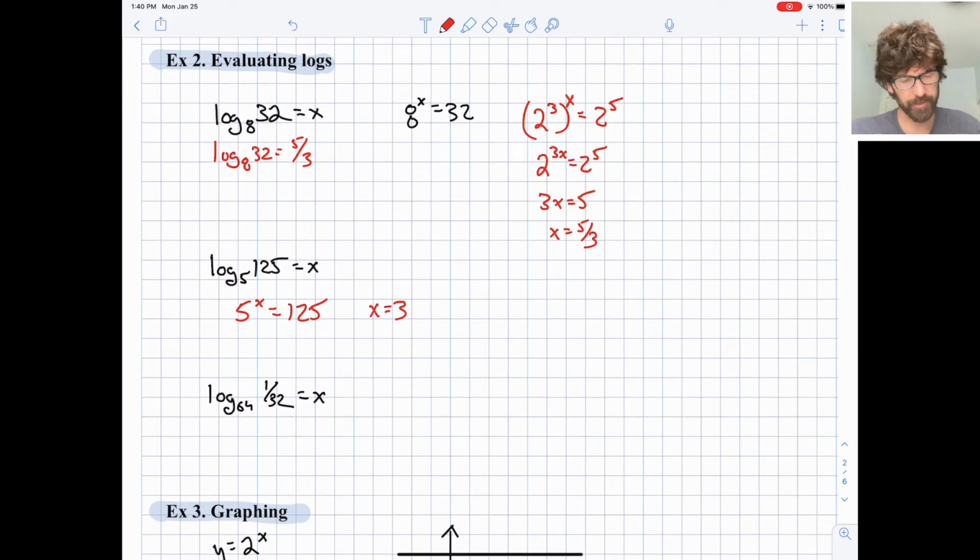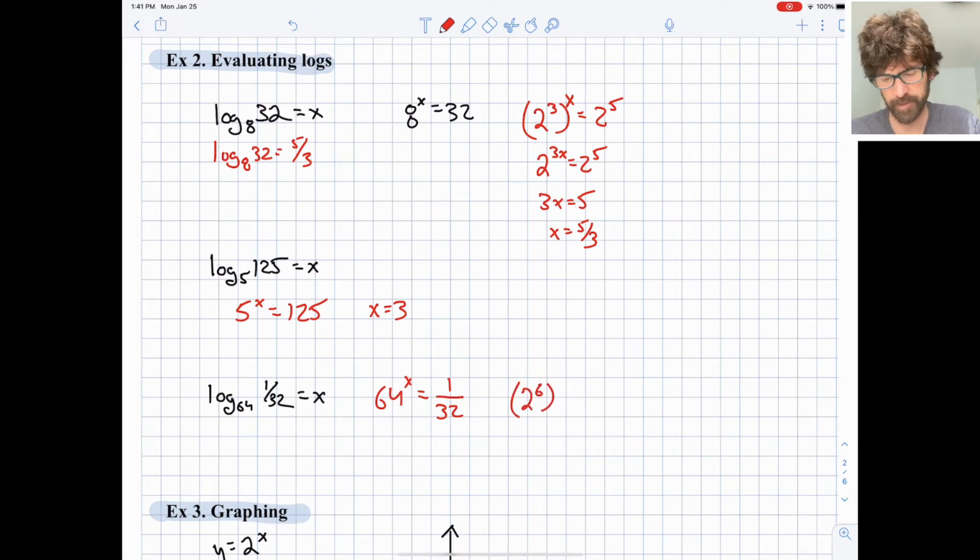And lastly, we can do this third one, 64 to the x is 1/32. So we'll rewrite it in exponential form, which, as I've been saying, is a little more familiar. Then we can get a common base as well. 64 is 2 to the 6th, so 2 to the 6th raised to the x. And 1/32 is 2 to the -5th.